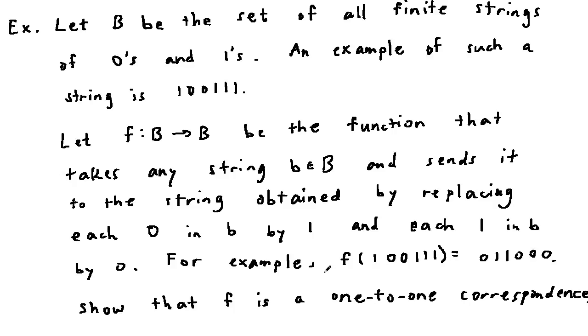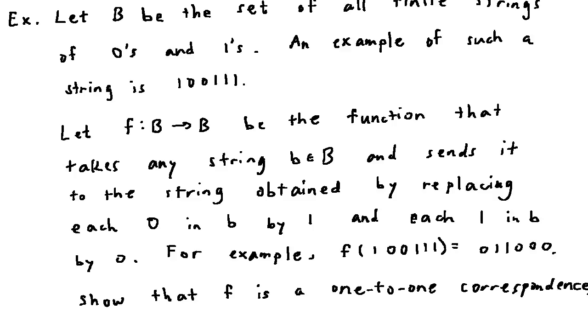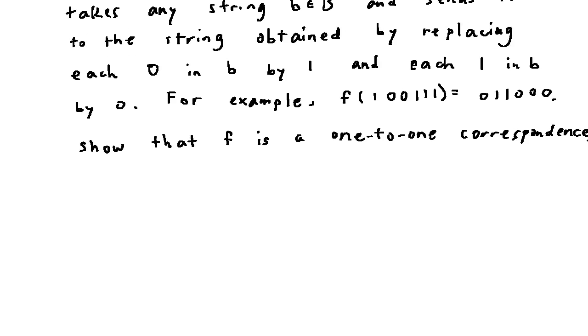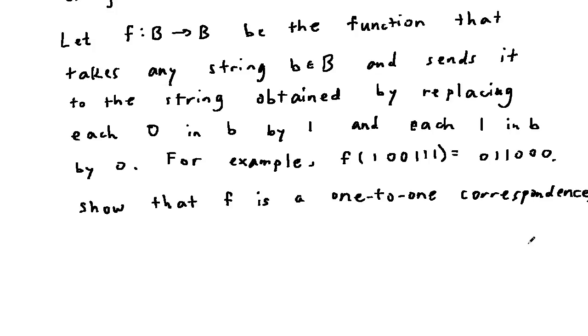Okay, so this function that swaps the zeros and ones is a one-to-one correspondence. We want to show that. First, let's show that f is one-to-one. So suppose f(b1) = f(b2) for arbitrary strings b1 and b2.